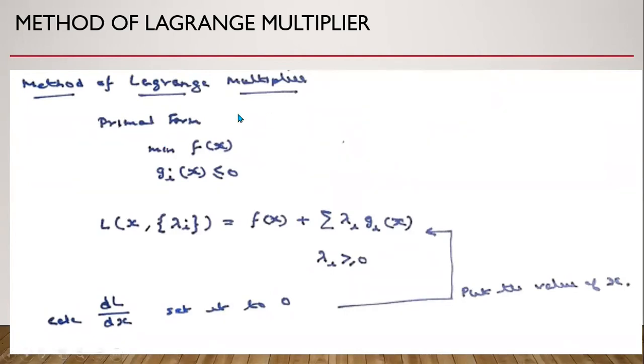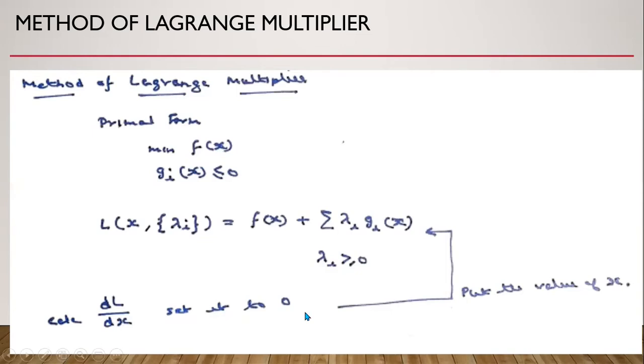If we have a primal form, an optimization problem to minimize a function, and this is our constraint, then the Lagrange multiplier combines these two in this form as the optimization function plus the constraint, and to solve this we differentiate the Lagrangian with respect to the variable x, which in our case of support vector machine is the vector w, and we set it to 0.